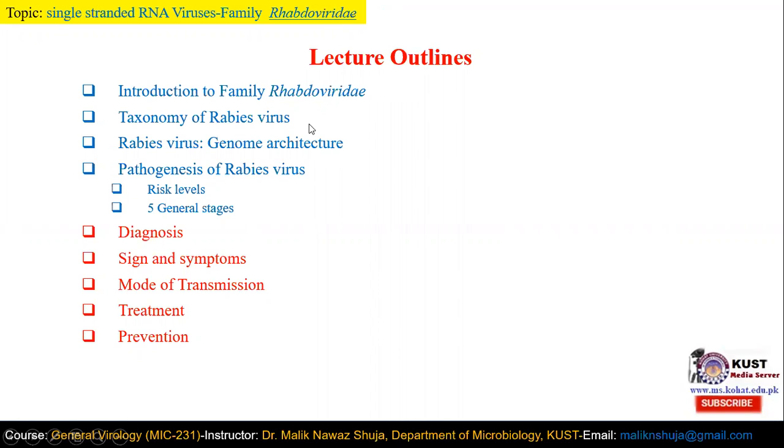The points in blue were discussed in the previous lecture, while today we will put light on the diagnosis of rabies virus, describe the signs and symptoms in infected patients, study the mode of transmission, how the virus is transmitted from animal to human beings or from one animal to another, and then talk about the treatment and the precautionary methods to prevent ourselves.